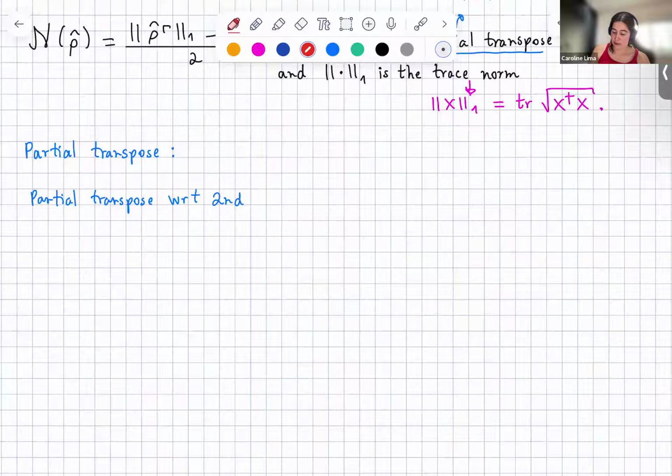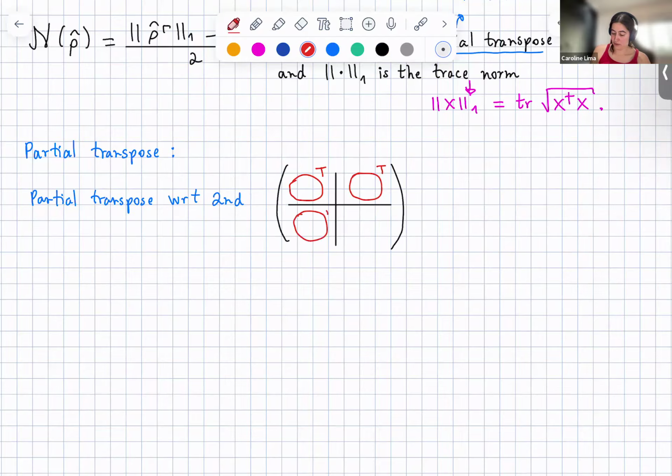So suppose that we can write rho like this, so I can have this four-block structure here. What I'm going to do is take the partial transpose in each of these blocks. So I take the transpose in each of these blocks.